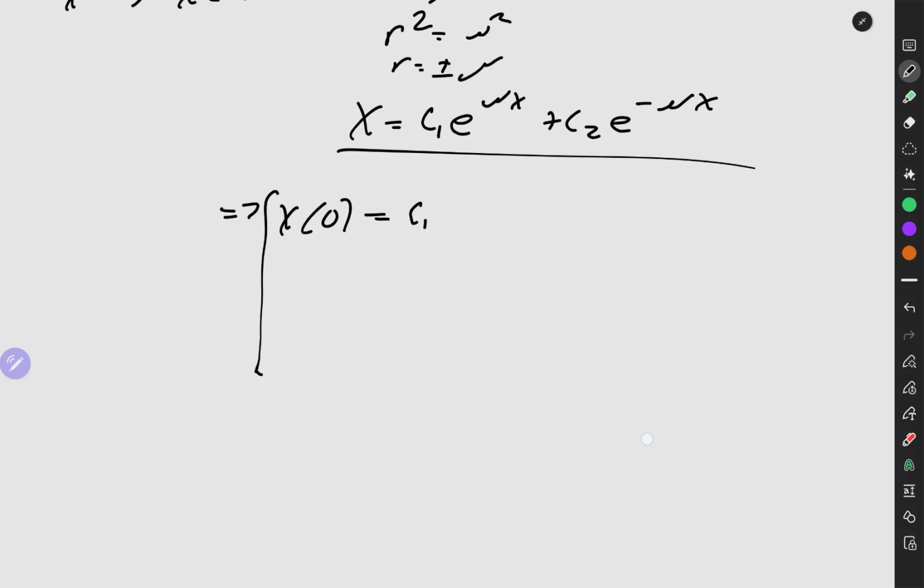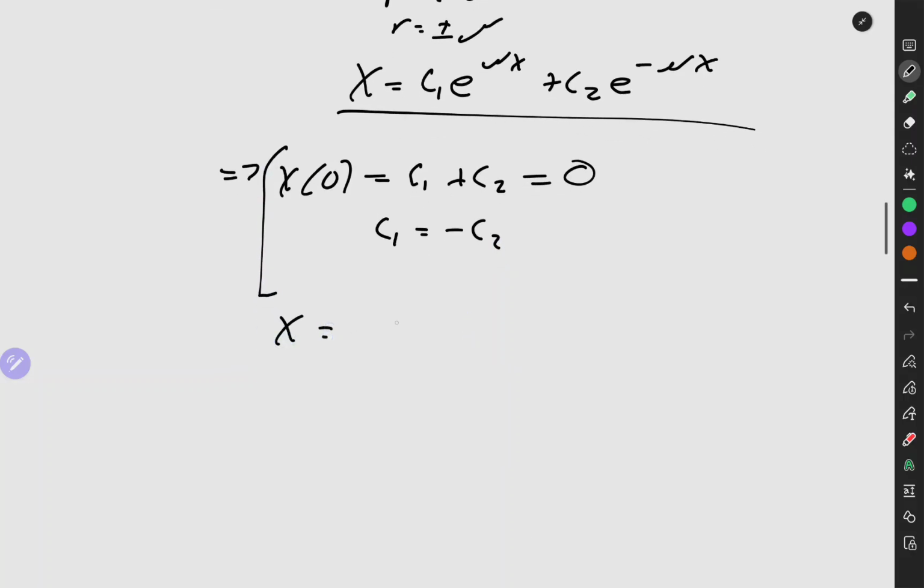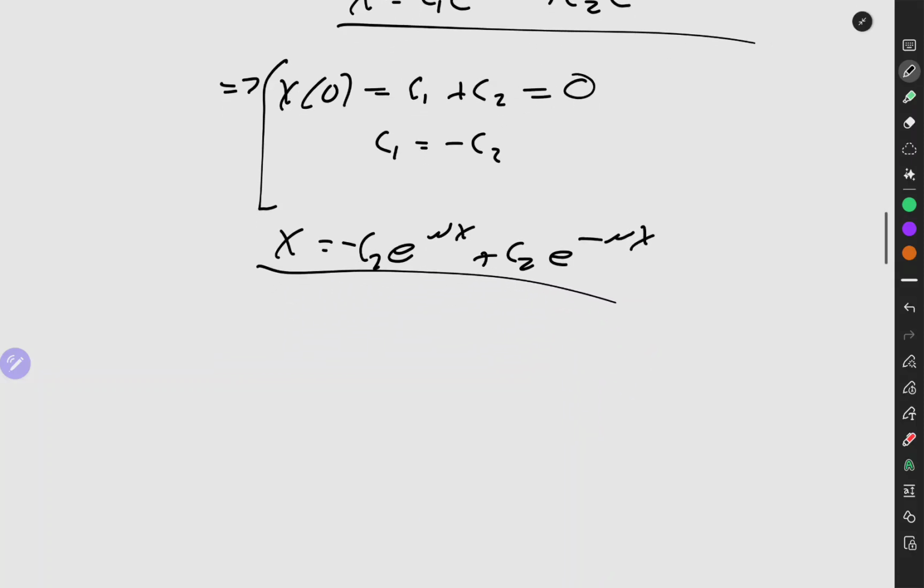So we have C1 plus C2 equals 0. So that tells us that C1 is equal to minus C2. So then knowing that, we can rewrite the general solution. I wanted to plug that in there. Okay, this is our new general solution.